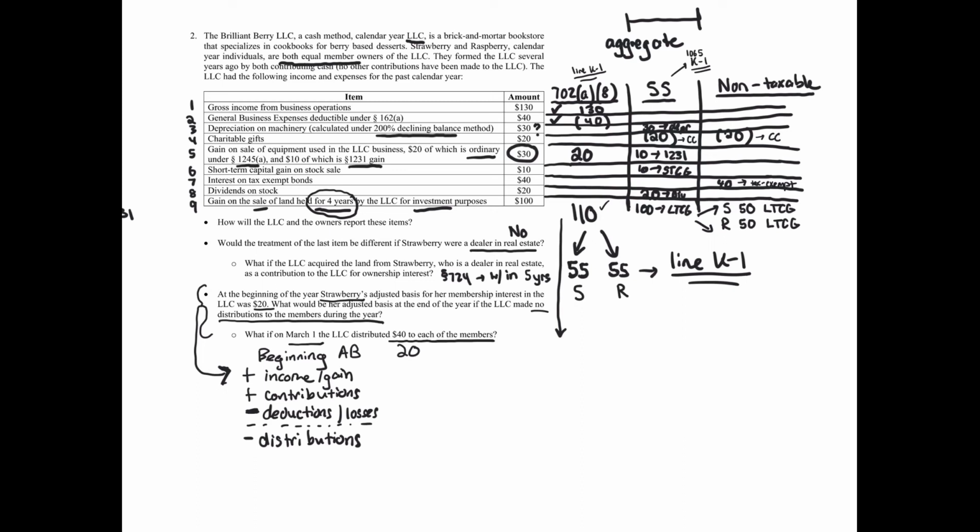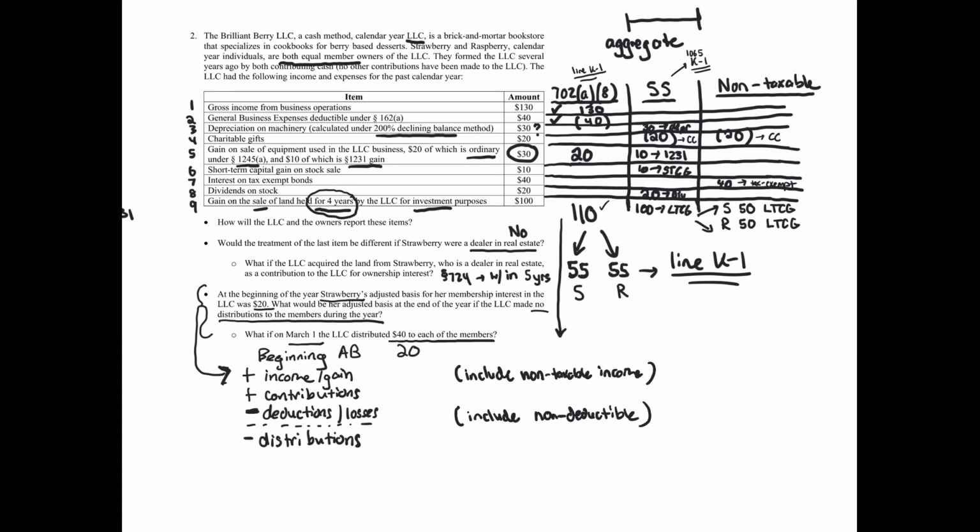Also important to note is that the income and gains and deductions and losses also include non-taxable income, so tax-exempt income. And we're also going to include in the subtraction for deductions and losses the non-deductible items. Because if you didn't do this, you'd either get a tax burden or benefit from the item.